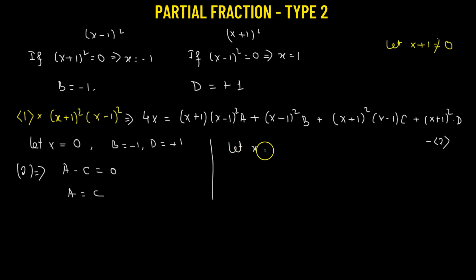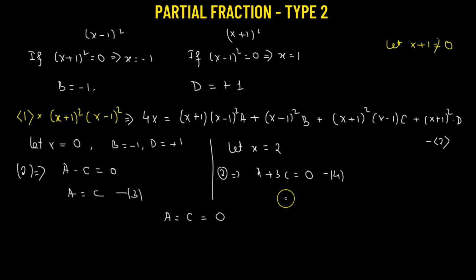If we take x equals 2, then equation number 2 becomes A plus 3C equals 0. Let's call these equation number 3 and equation number 4. When we solve equations 3 and 4, we get A equals C equals 0.